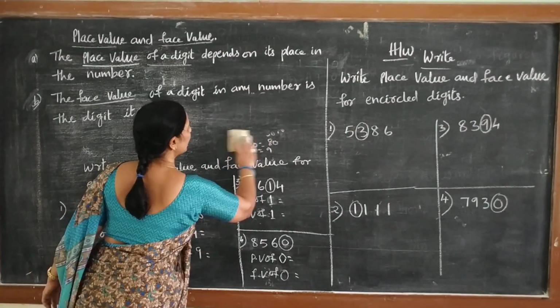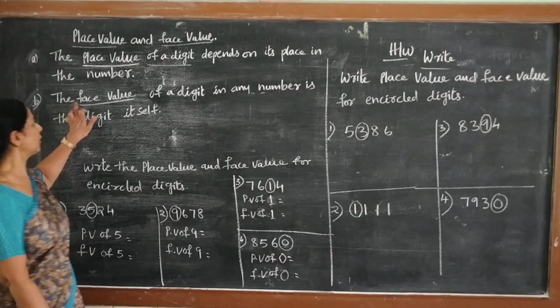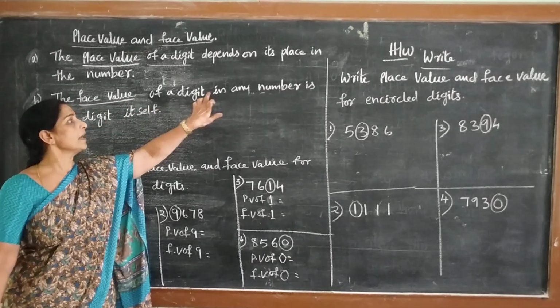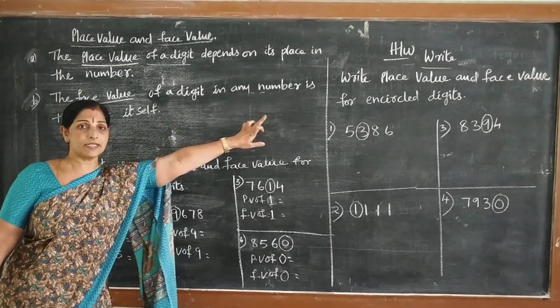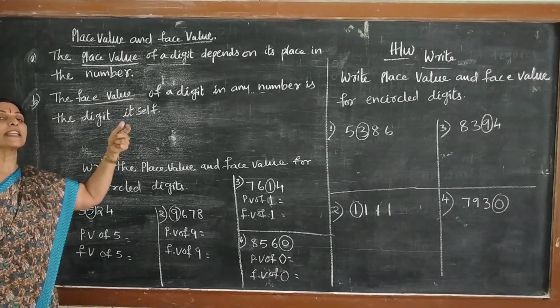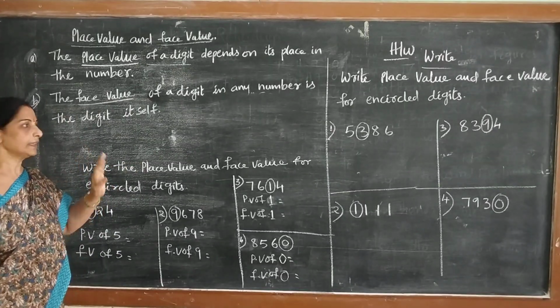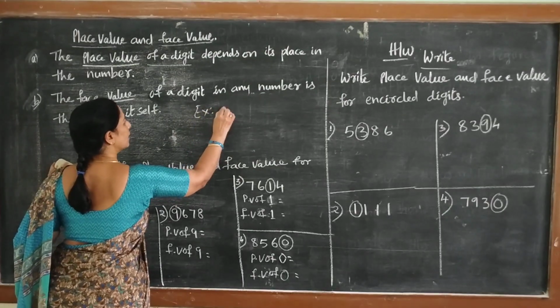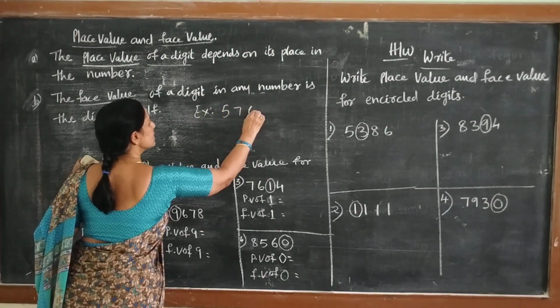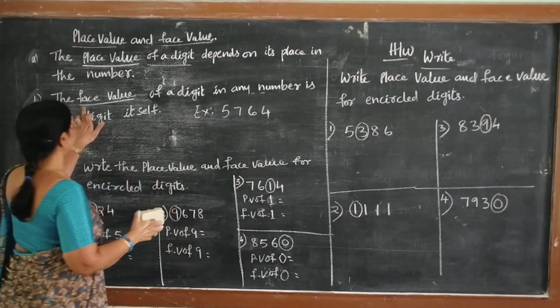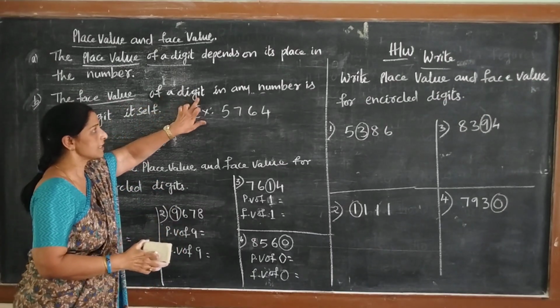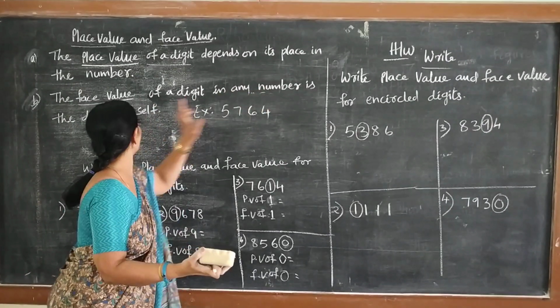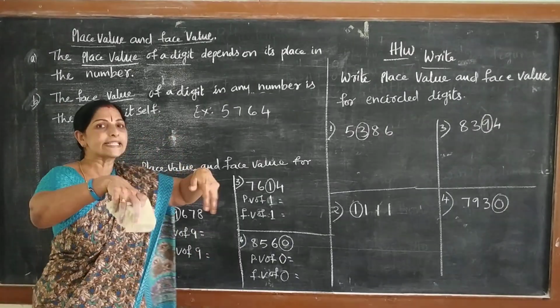Here, the face value of a digit in any number is the digit itself. That means, for example, here 5, 7, 6, 4. The face value of a digit in any number is the digit itself.